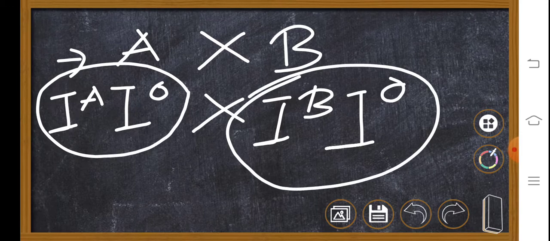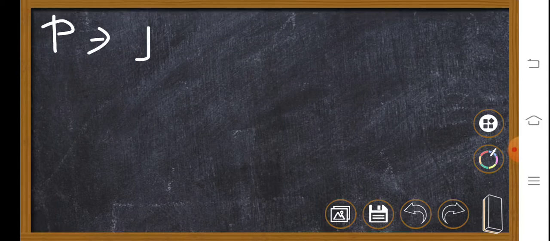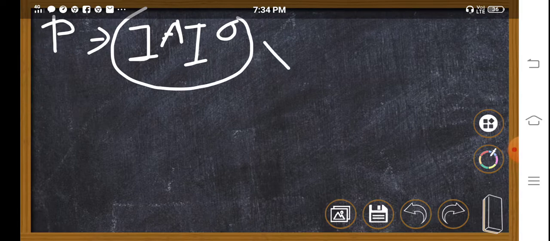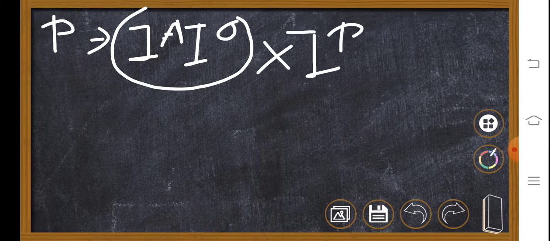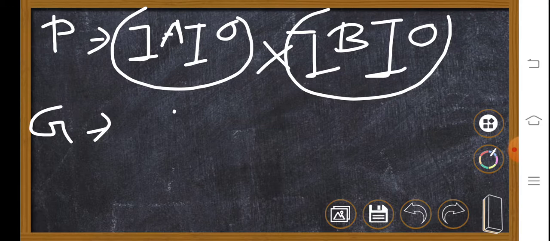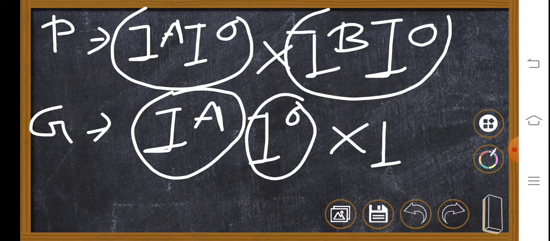Okay, now you can do the cross as in the previous ones. Parents: I A I naught, and the next parent is blood group B. Now gametes: IA, I naught, and here IB and I naught.